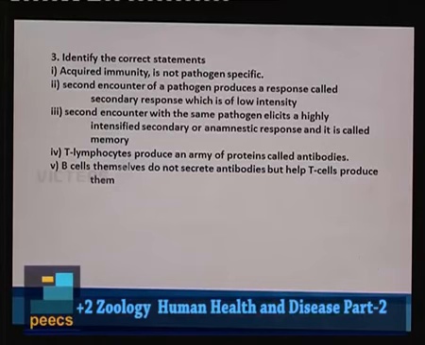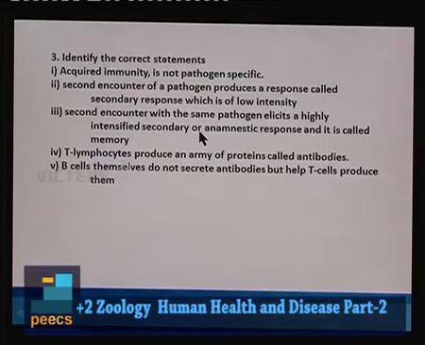Second encounter of a pathogen produces a response called secondary response and it is of low intensity. This is again wrong because the secondary immune response is always of a high intensity. So, this is wrong. What about the third one?